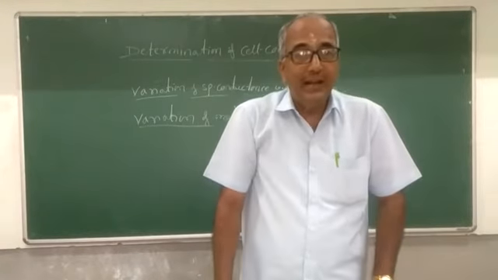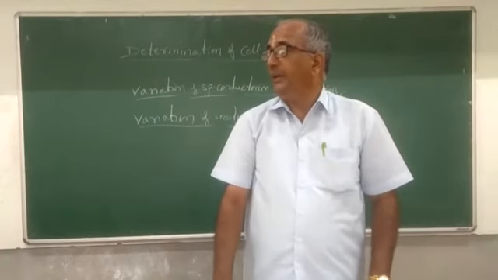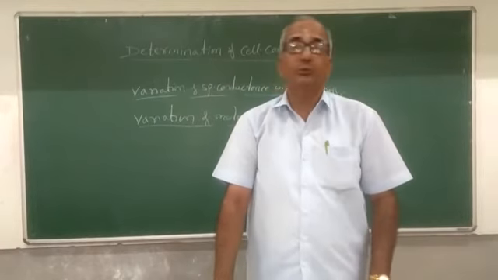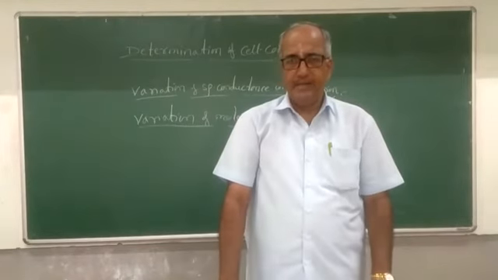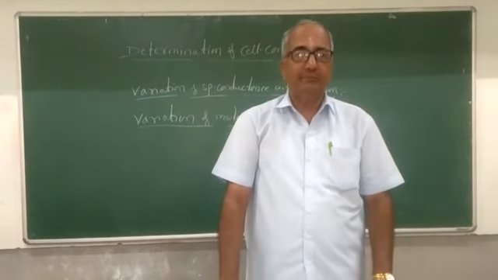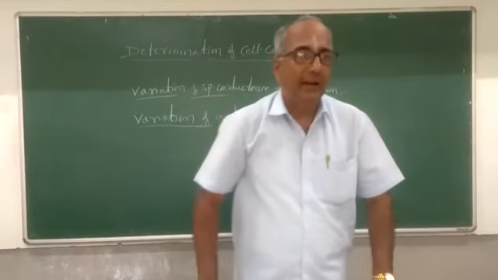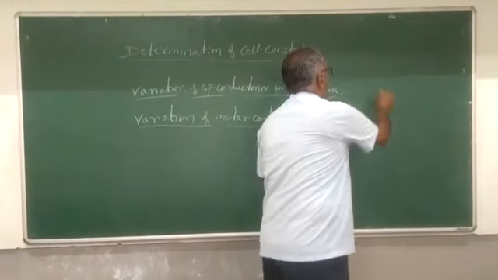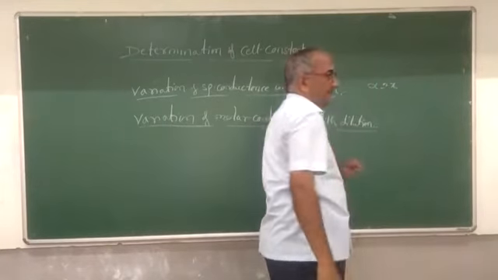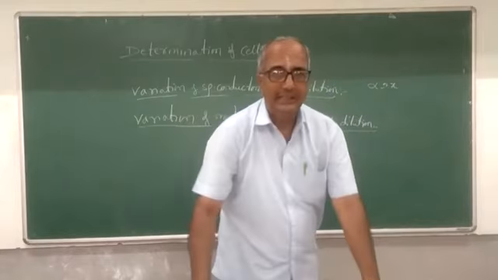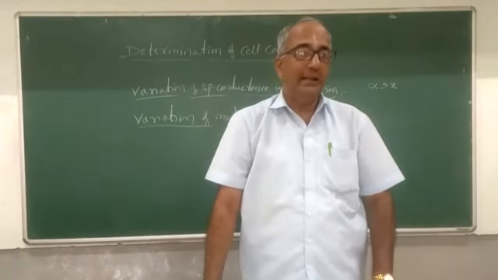You know already from the first year what is meant by degree of ionization or degree of dissociation. It is the fraction of electrolyte that undergoes ionization or dissociation, denoted by the symbol alpha or x.